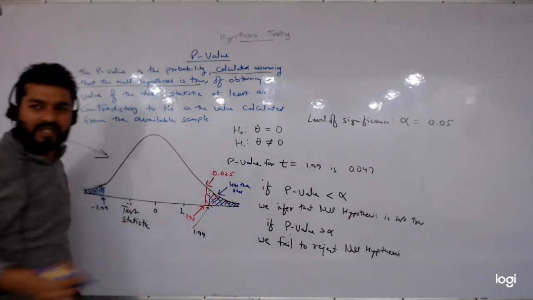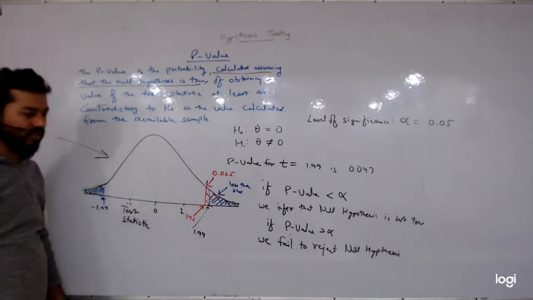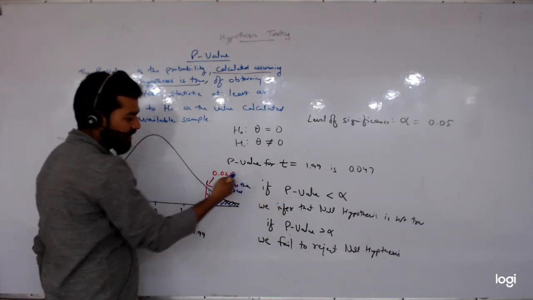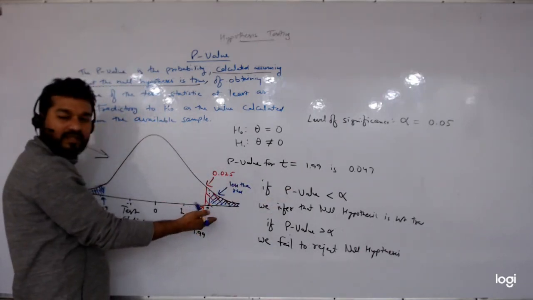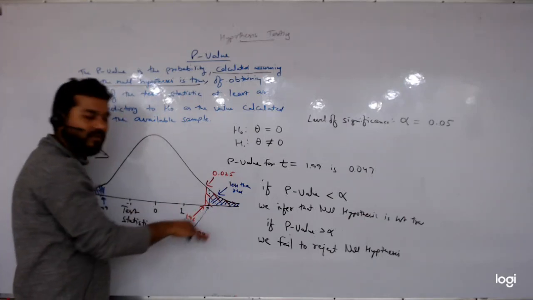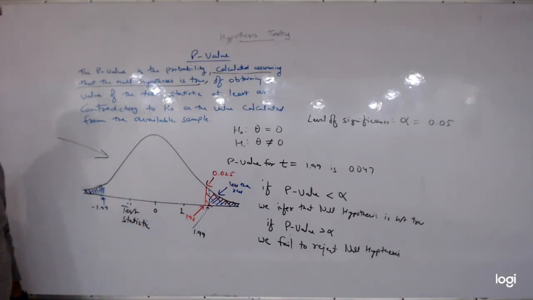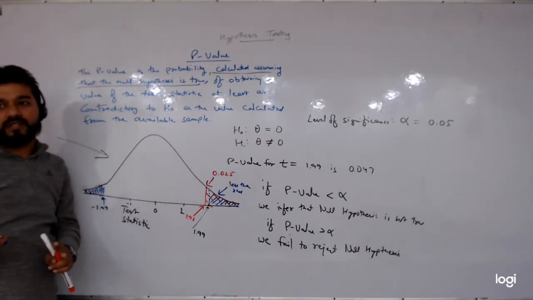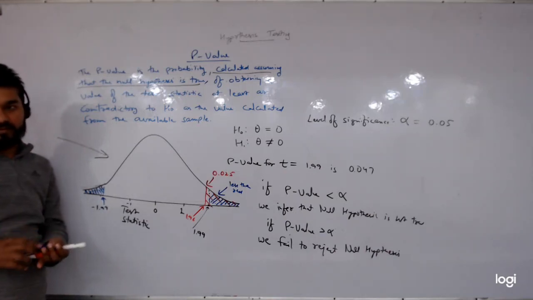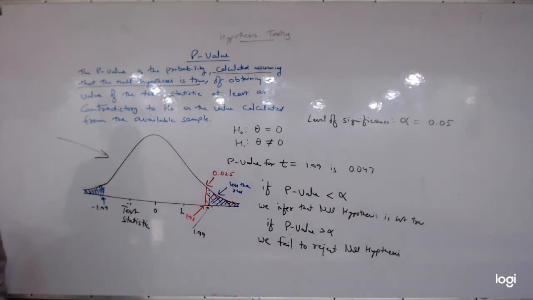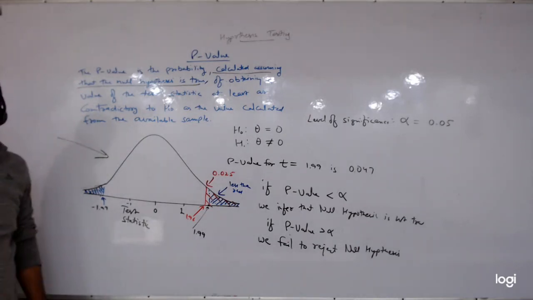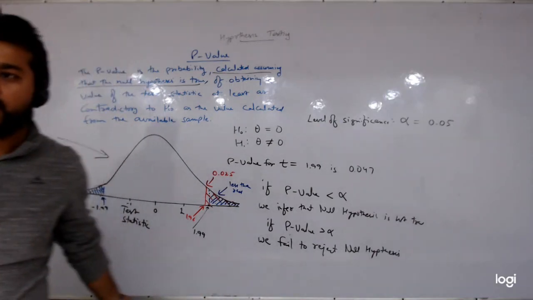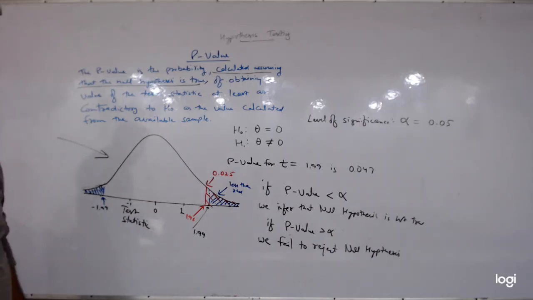You also see that in the diagram, you can calculate 0.047 divided by 2. If this is the case, then if the p-value is less than alpha, you already know that the value of the test statistic that you have falls in the rejection region. Okay, it's the same analysis presented in two separate ways. Any questions till here? Make sense? Now let's move forward.